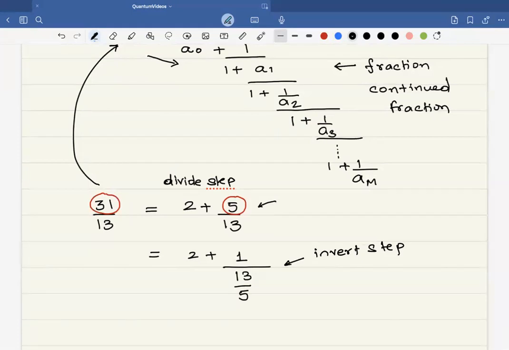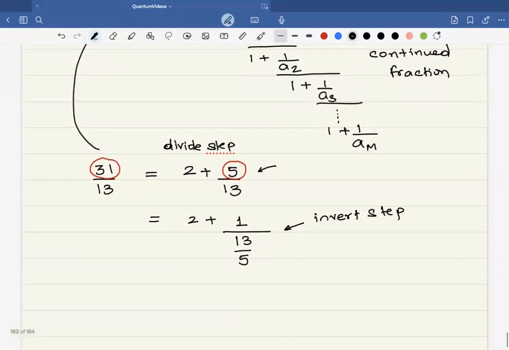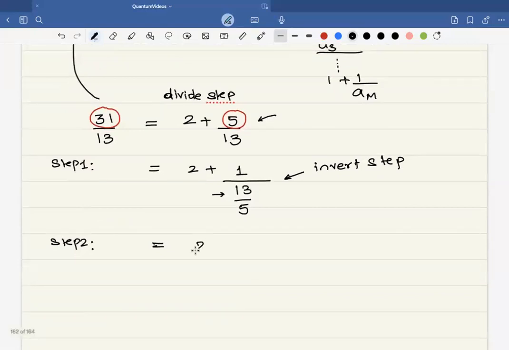And then you repeat. So now you have this fraction, which you first divide. So this is step 1. Step 2 would be to again divide this fraction to convert it into an integer part, 2, plus a fractional part, which is 3 over 5. Then again, I'm going to circle the numerator over here.